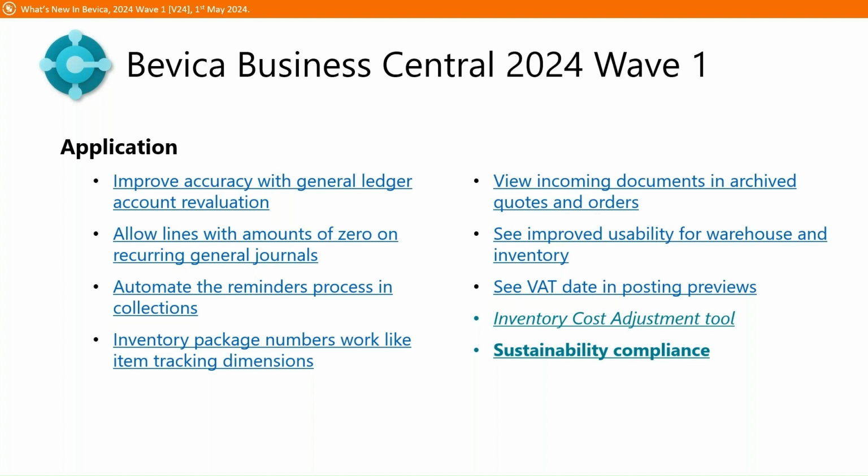So the inventory cost adjustment tool, unfortunately, is not what I think most of you think it is. It's not a user tool for seeing if your costs are correct. This is a support tool to identify when the functionality has errored. So let's say there's some setup that's wrong or a product has been created incorrectly and the process actually errors.